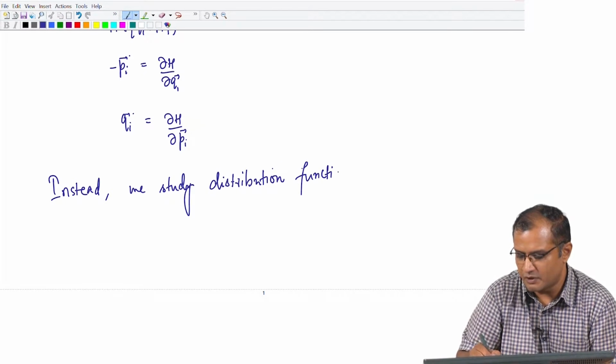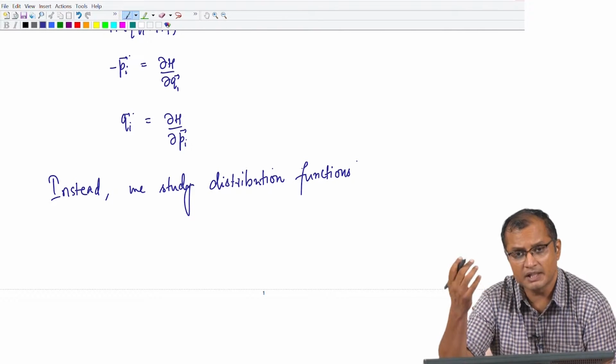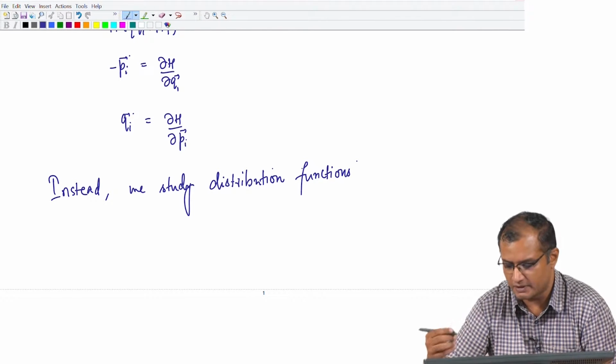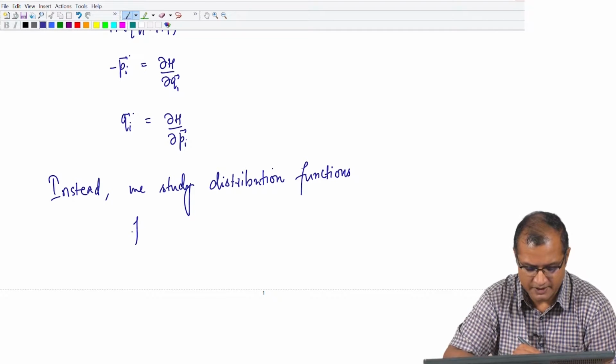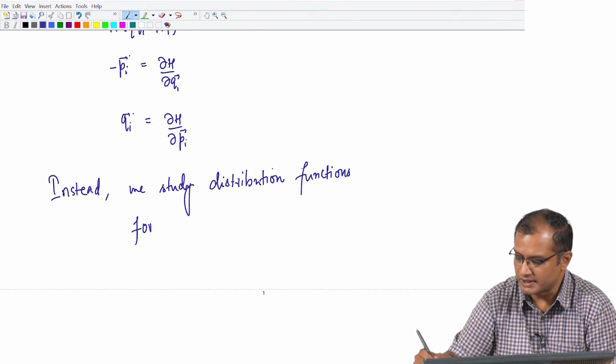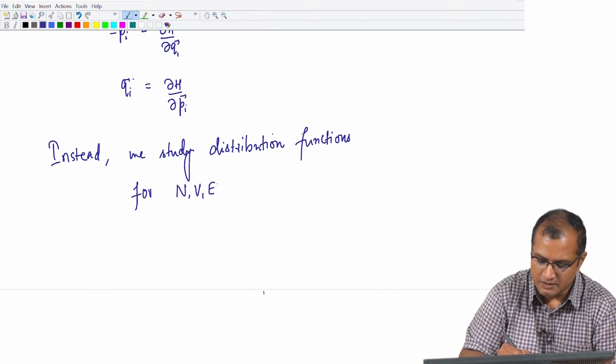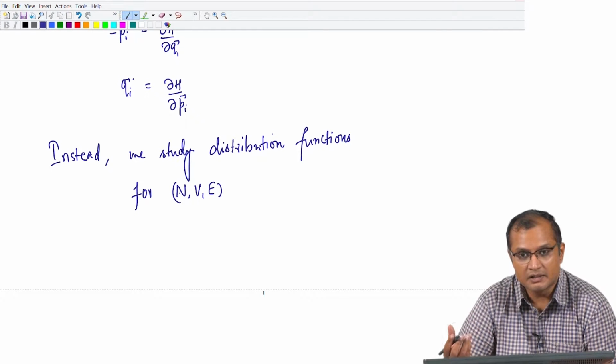I will describe what these distribution functions are, and for each of the equilibrium systems that I mentioned at the beginning of this lecture, such as NVE systems at constant number of particles, volume and energy.